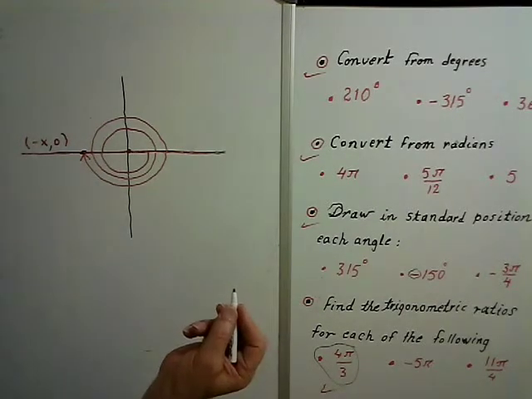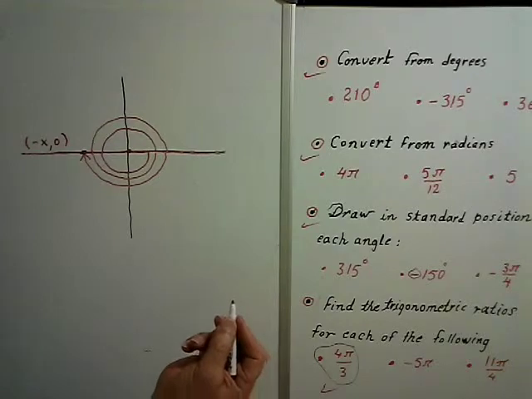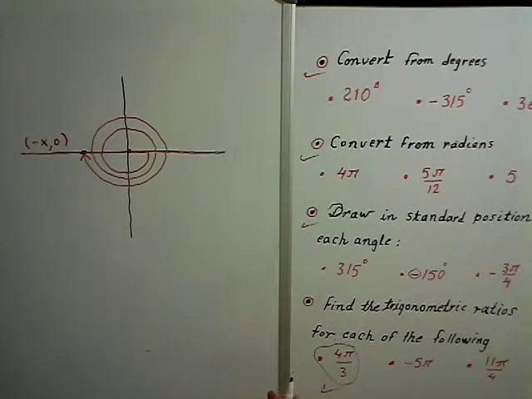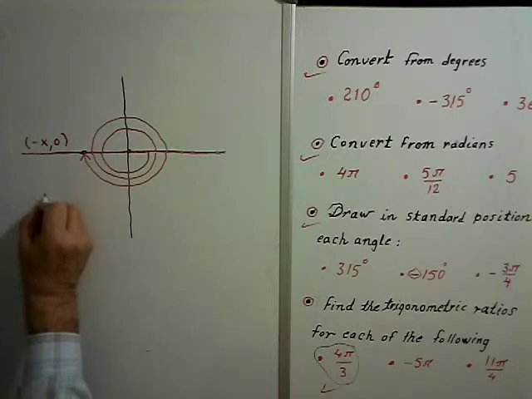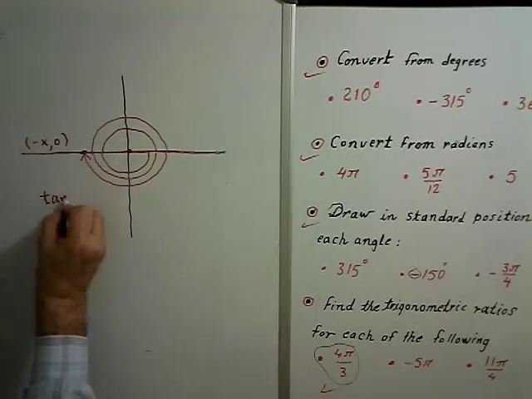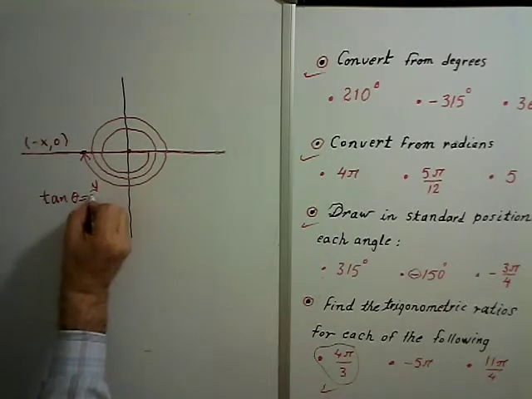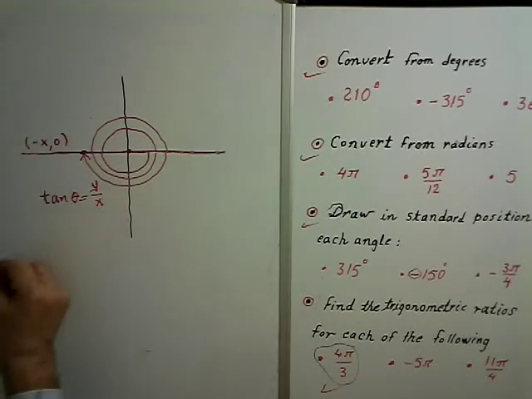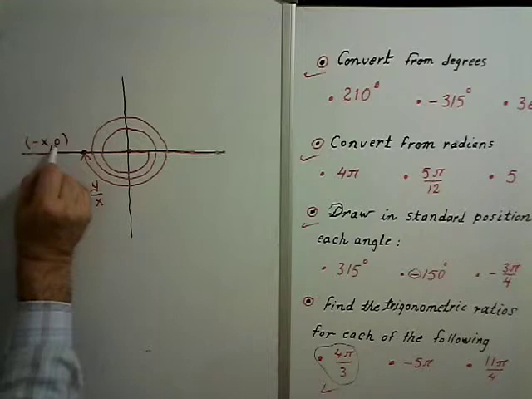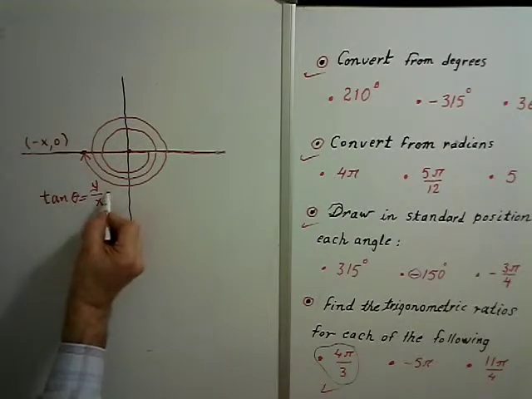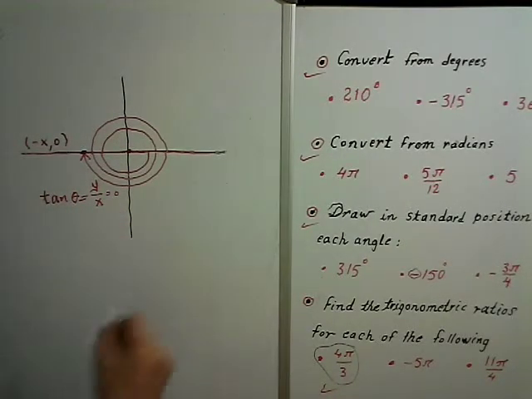And what about tan? Tan theta is y over x. Y is 0 over x, so it will be 0. So tan will be 0.